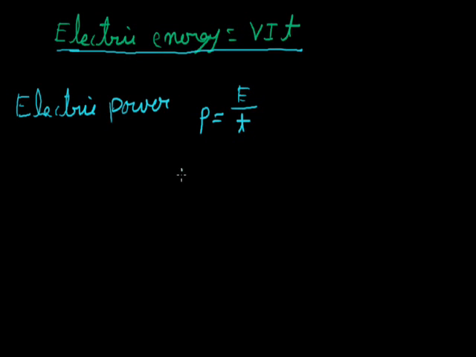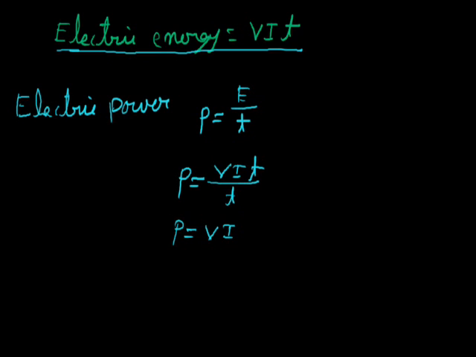When we put this in P, the time t cancels out and we get power equal to V into I. So the power of the electric circuit will be equal to V into I. The electric power is defined as the product of the potential difference applied across the circuit and the current flowing through it.